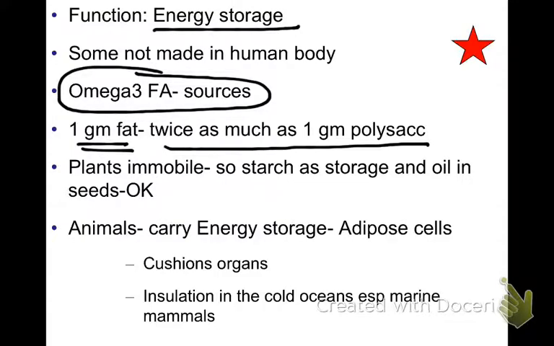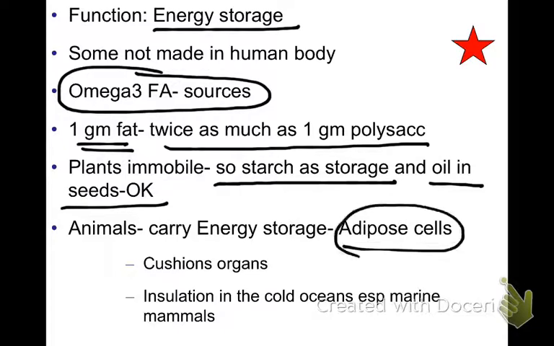Now, most plants are immobile, so starch can be the storage, and oil in the seeds is possible. In animals, the energy storage is carried out in the adipose cells, and they need that as insulation against the cold, so they need it to be a solid.